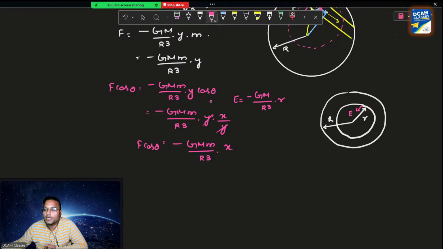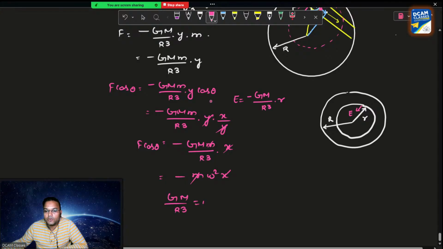Now this is the force, and you have to equate it with minus m omega square x. So x will get cancelled. G M by capital R cube is equal to omega square. So your omega is equal to root over G M by R cube.